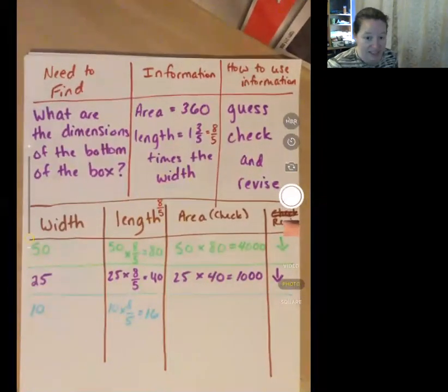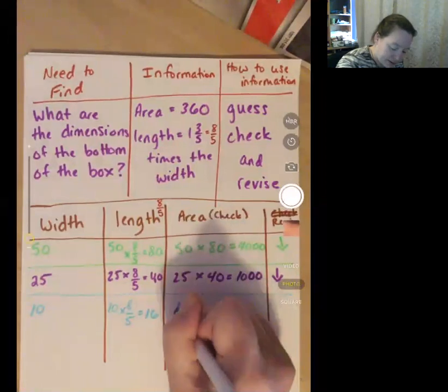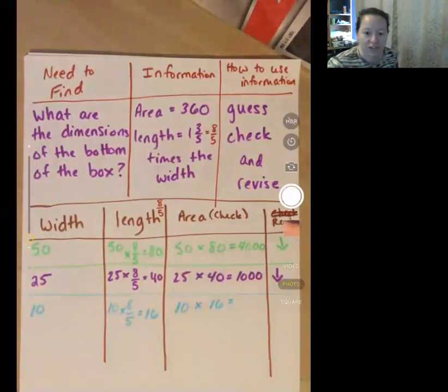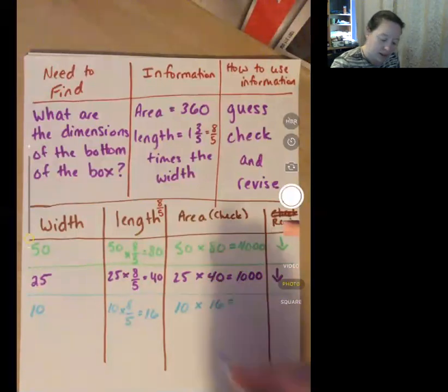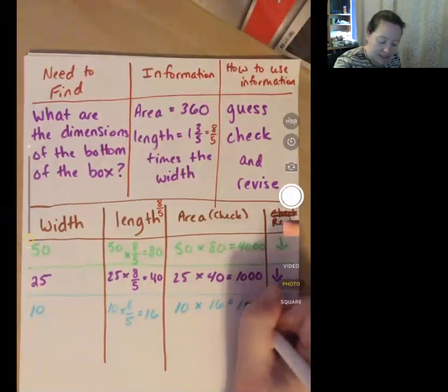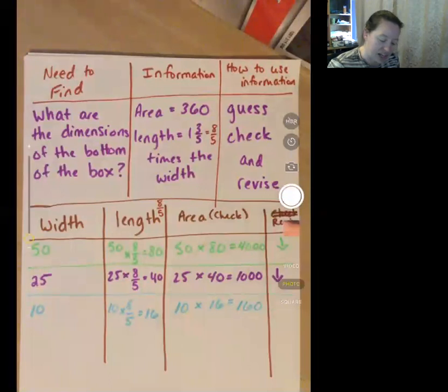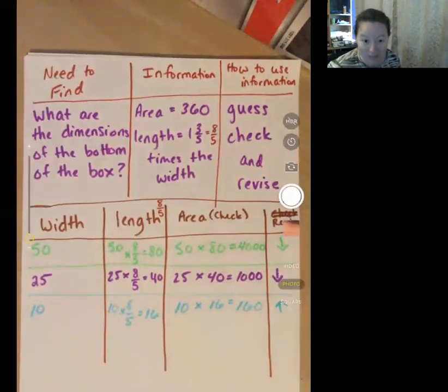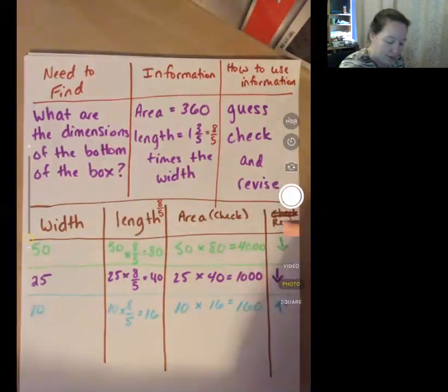Now I have 10 times 16, which gives us, I just add 1 0 onto the end of the 16. That gives us 160, which is now too small. Okay, so I know it has to be somewhere between 10 and 25.